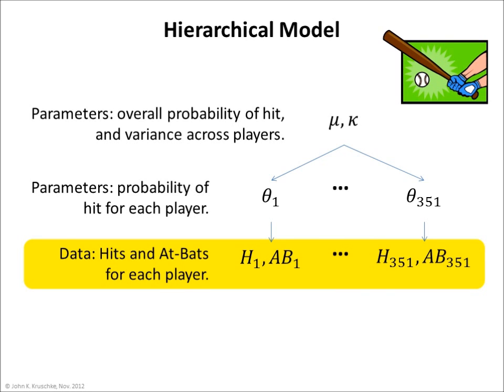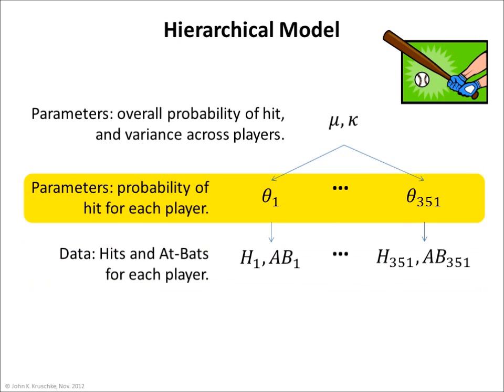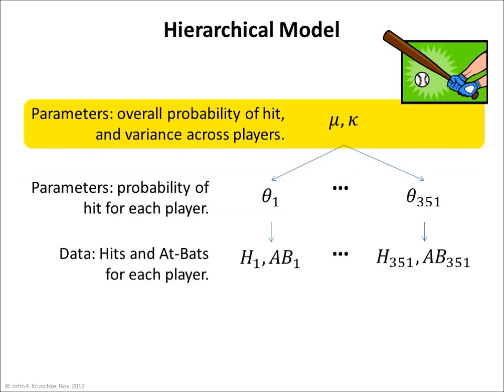At the bottom of the diagram, the data consist of the number of hits and at-bats for each player. For each player, there is a parameter theta that describes his underlying probability of getting a hit. And at the overarching level, there's a parameter mu that describes the typical probability of getting a hit across all players, and a parameter kappa that describes the variance across players.